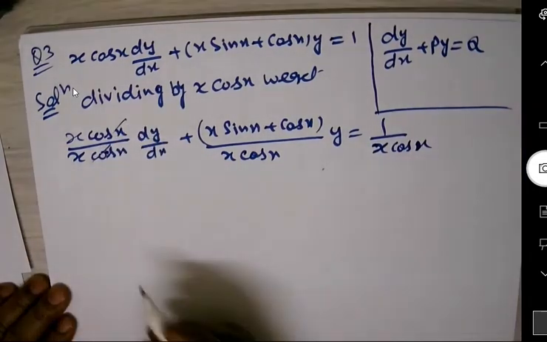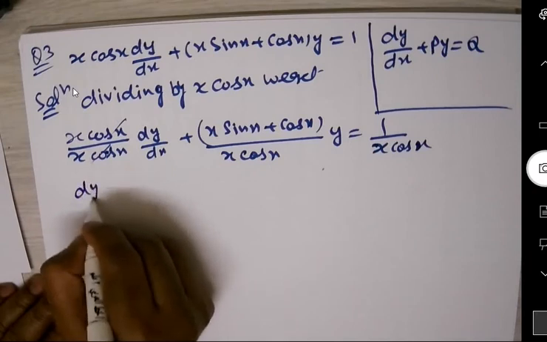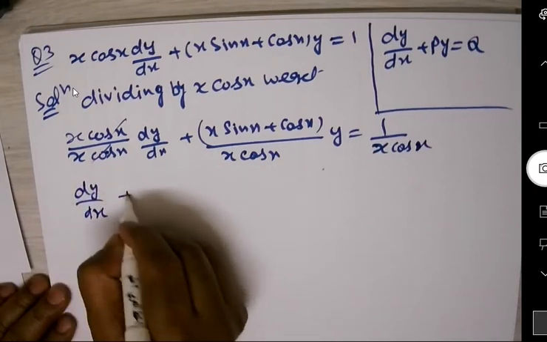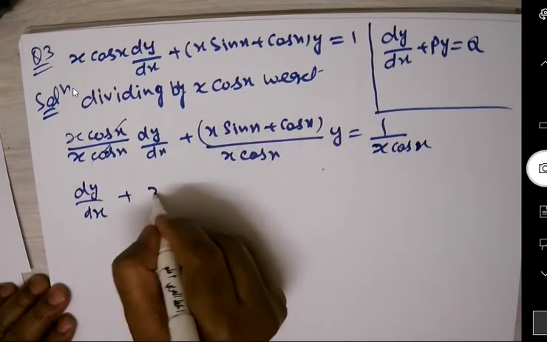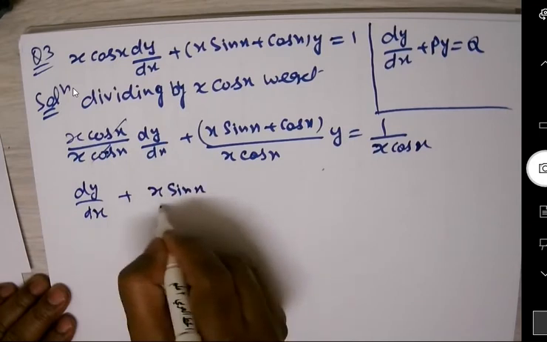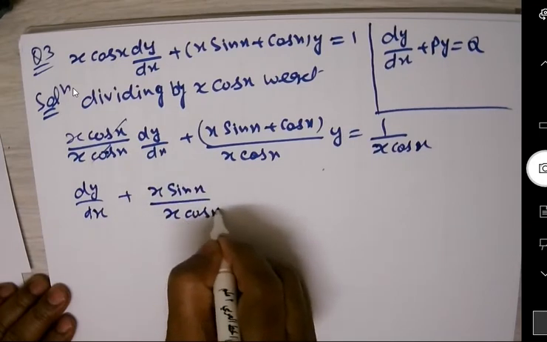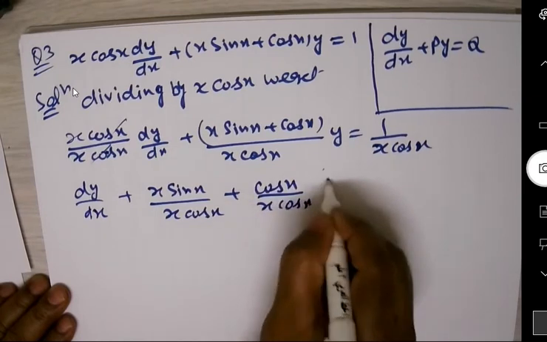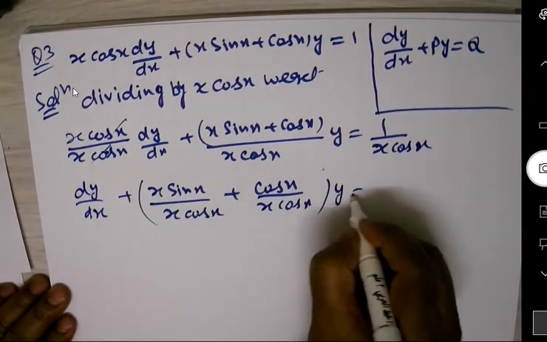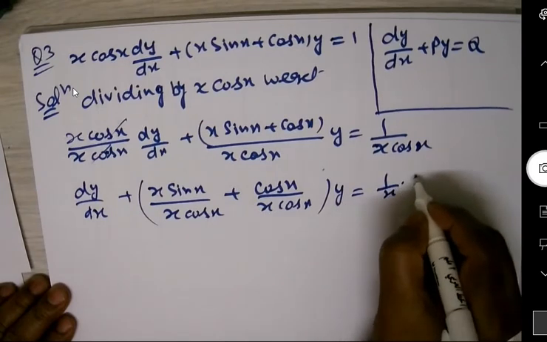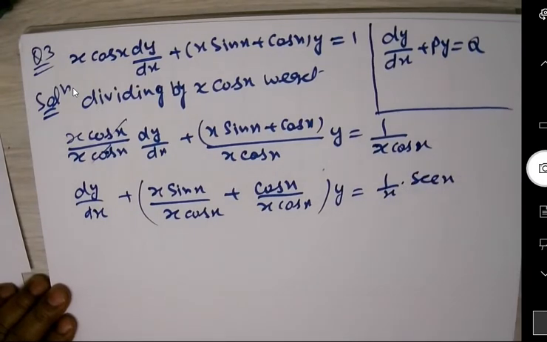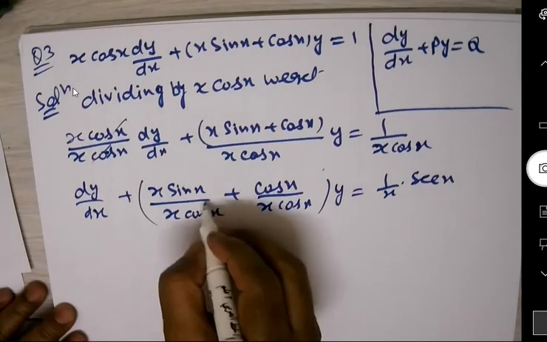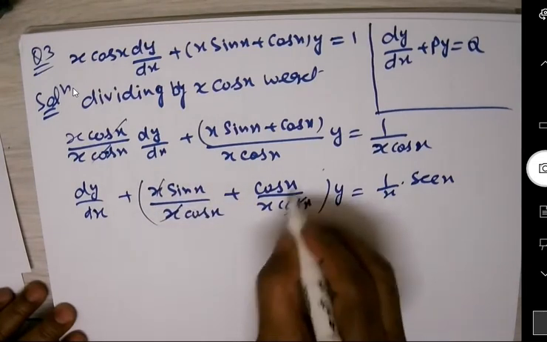This and this cancel. So we can write it dy dx plus x sine of x divided by x cosine of x plus cosine of x divided by x cosine of x, y is equal to 1 by x into sec x. Hopefully you understand until this one. So this and this cancel, this and this cancel.